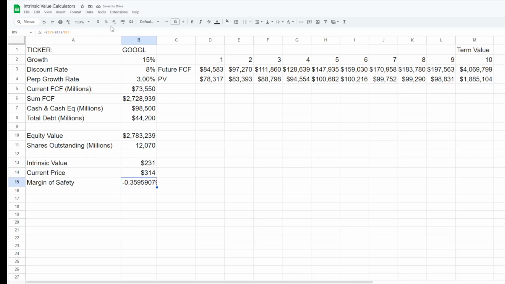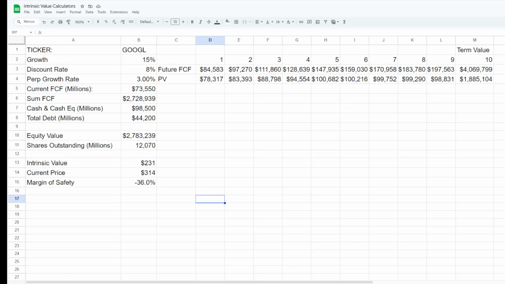And we can see, based on these calculations, based on the future free cash flow for Google, if we convert this to a decimal and we maybe just do one decimal place, we are seeing that Google is currently 36% overvalued. There is no margin of safety. As a matter of fact, at the current price of $314, you are paying a 36% premium for Google. So that's quite a bit.